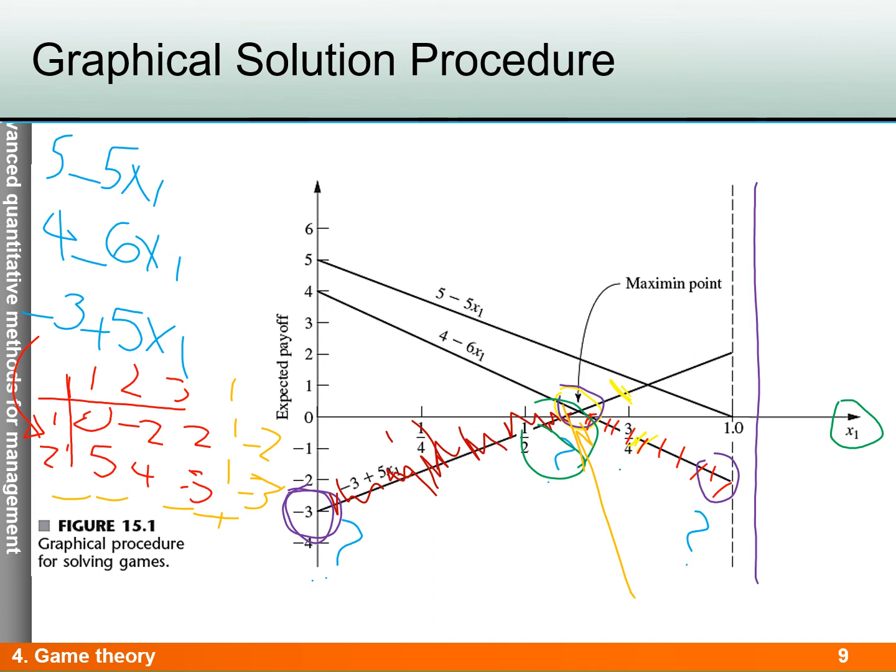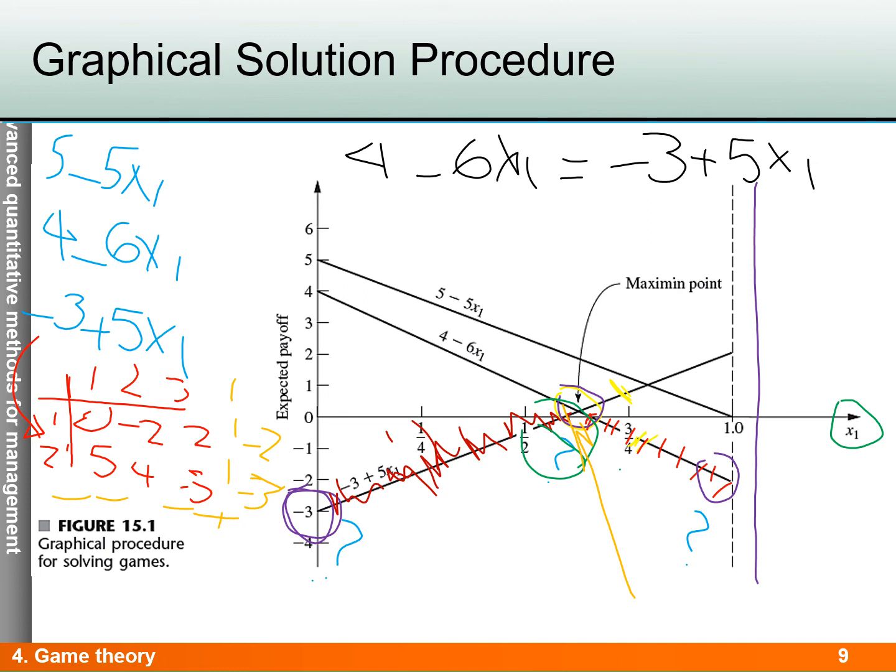Guys, always this point, maximin, or in the other example, from the point of view of y, minimax, is the coincidence of two lines. What are these? The lines 4 minus 6x1 and minus 3 plus 5x1.